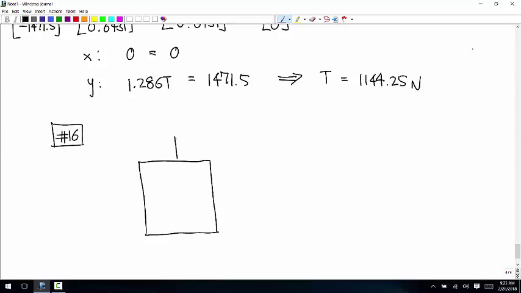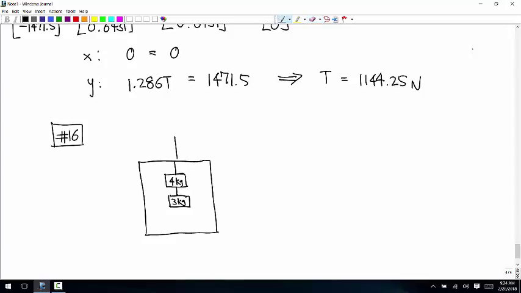Okay, so this is an elevator again. And inside the elevator, you have 2 boxes hanging, 4 kilograms and then 3 kilograms. And the elevator is moving with a constant velocity on this one.